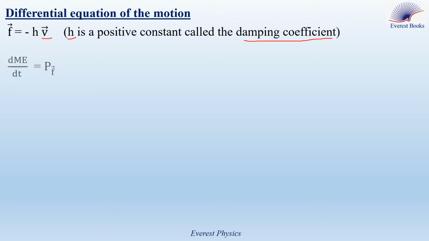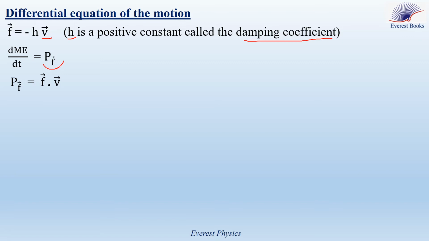Since we have friction, the mechanical energy now is no more conserved or no more constant, and so its time derivative does not equal zero. It is equal to the power of the friction. But the power of the friction can be given by this formula, F scalar v or F dot v.